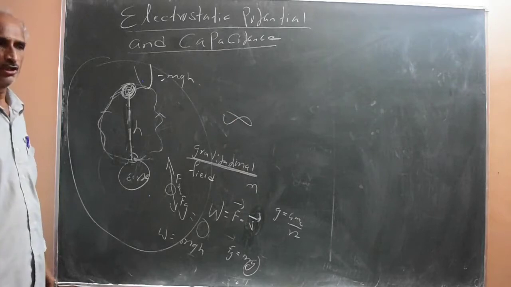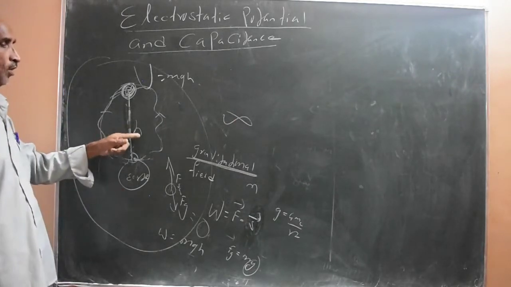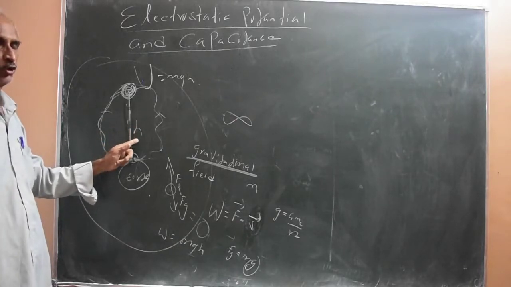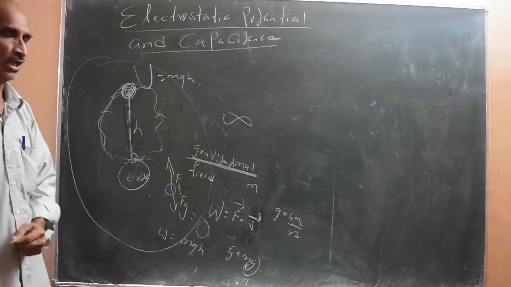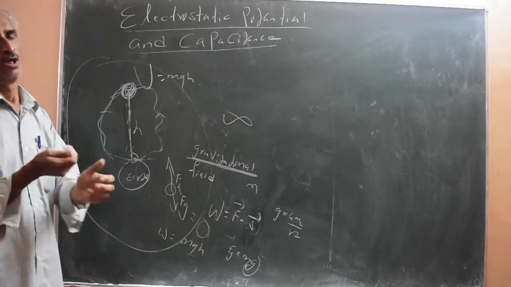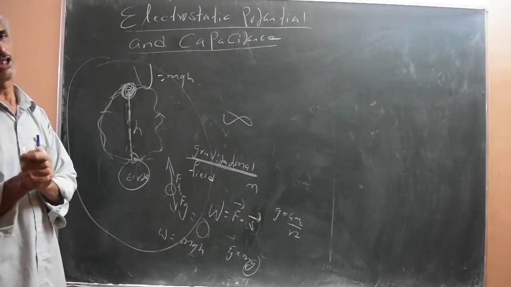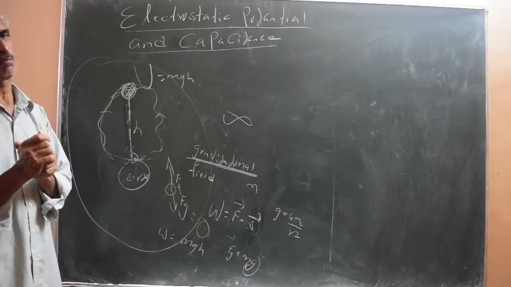Work done is equal to gravitational potential energy provided the force acting on the body is conservative in nature. What is a conservative force? Gravitational force, spring force, etc. are conservative. A conservative force is one where the work done against that force is path independent.